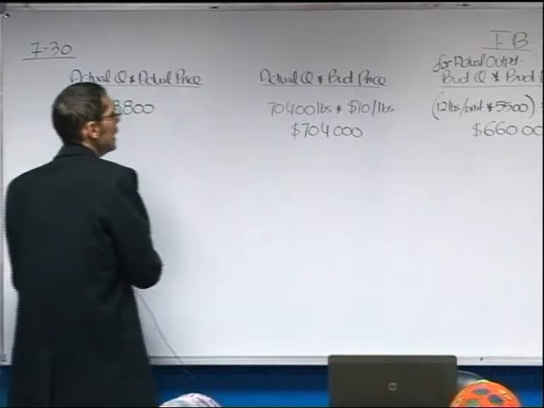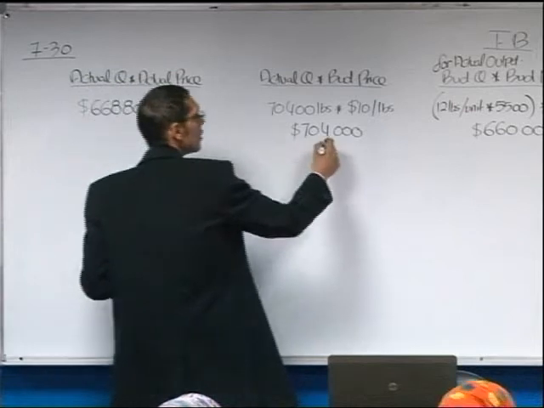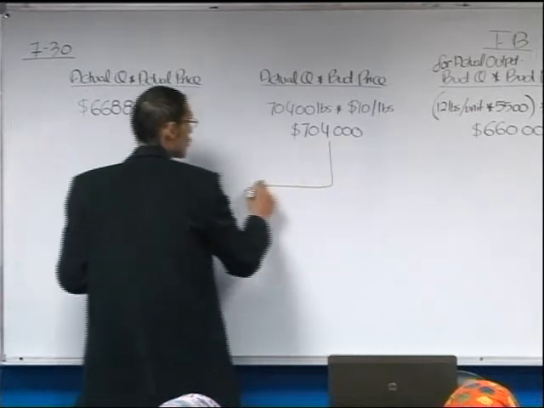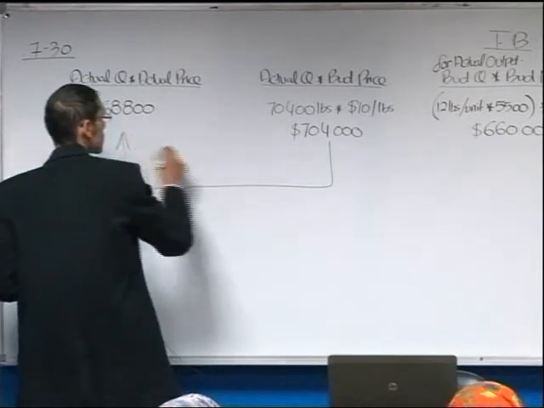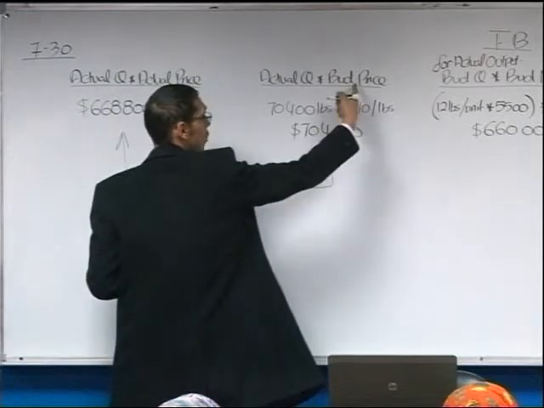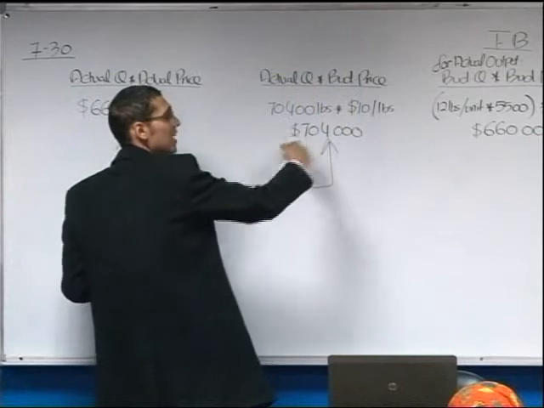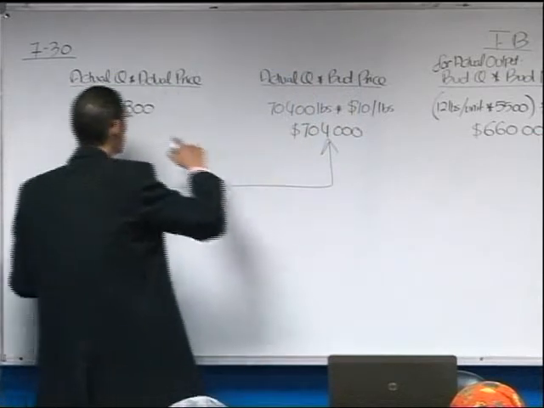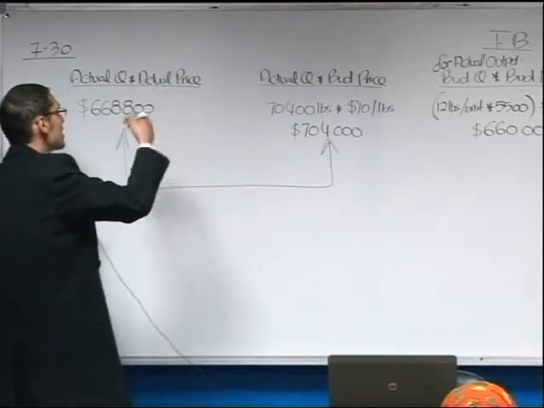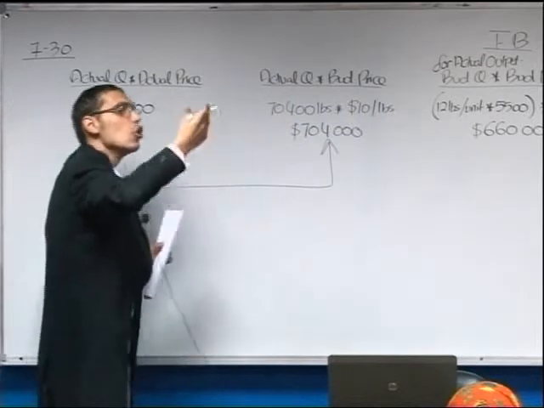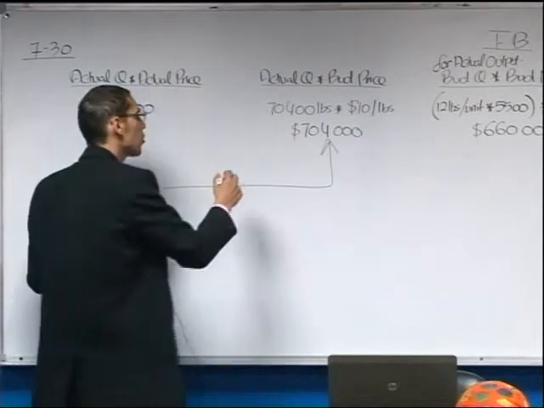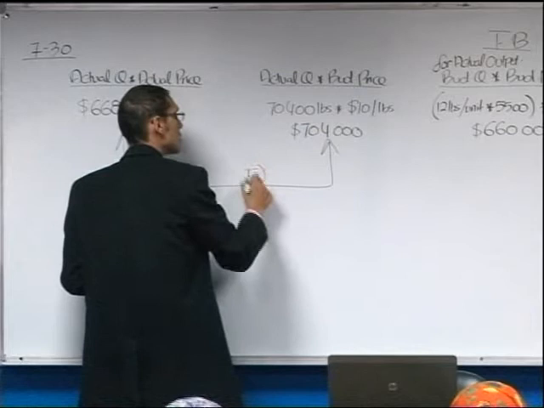Now, as we can see here, we should have incurred $704,000 according to our budgeted price, but we actually incurred $668,800, which is less. Therefore, this is a favorable variance.